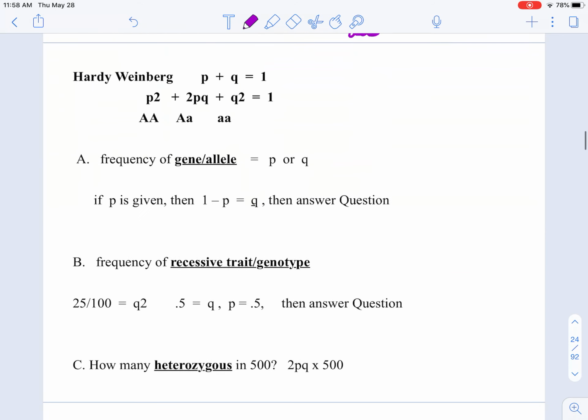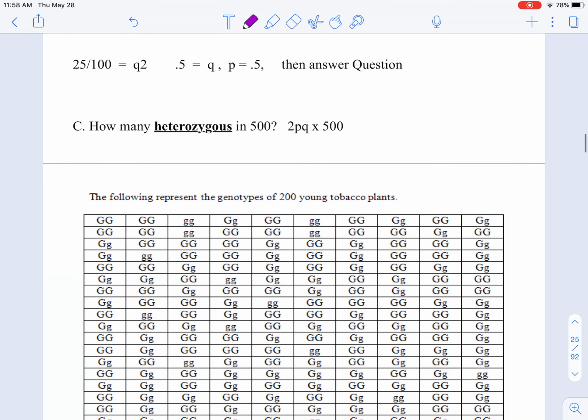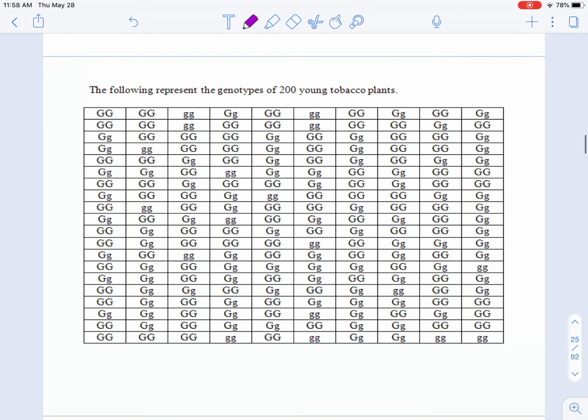Alrighty, this next question is talking about these tobacco plants, and I included this because it's a really good look at what 200 plants would look like and how the 200 plants each have 2 alleles, which means there's 400 alleles in this picture.